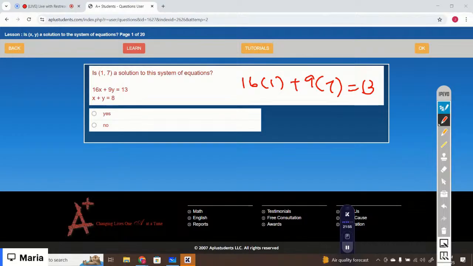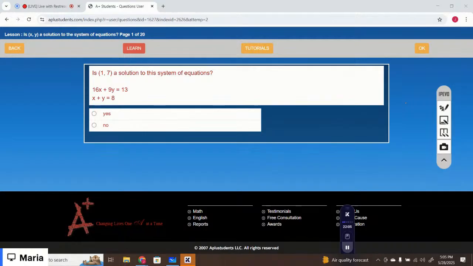So 16 times 1 is 16, 9 times 7 is 63. The sum is not equal to 13, right? So that means the correct option is no, that is not the solution of the equation. Option number 2 is the correct option.